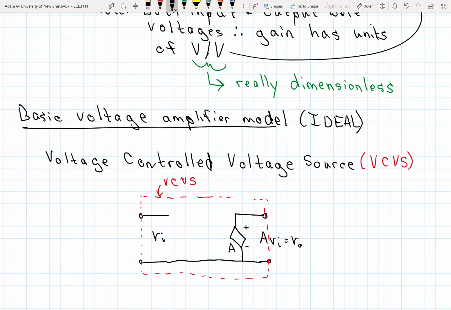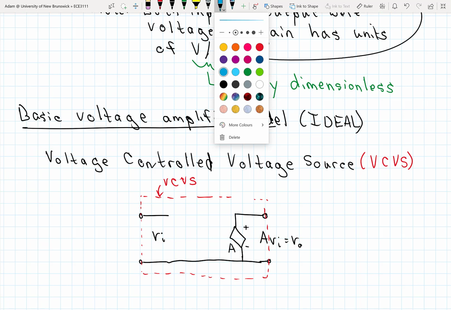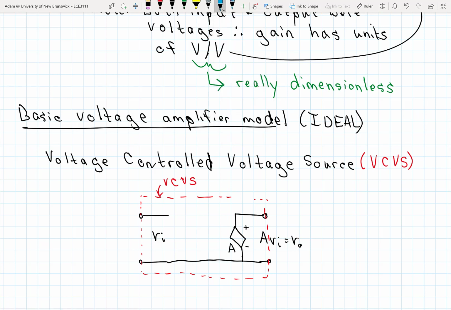Okay, so the amplifier model's not really meaningful unless we connect things to it and make use of it. So let's think of it in the bigger context of how it is going to be used. So typically an amplifier is going to have some signal applied.